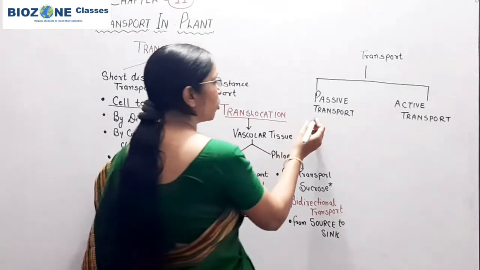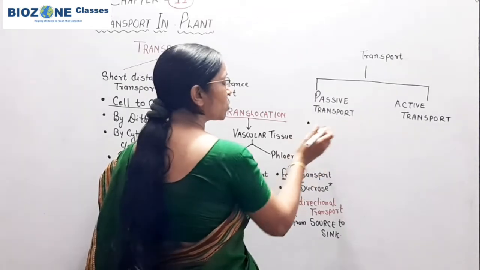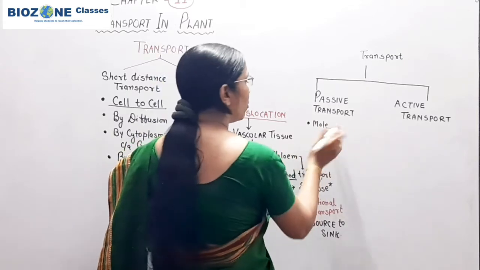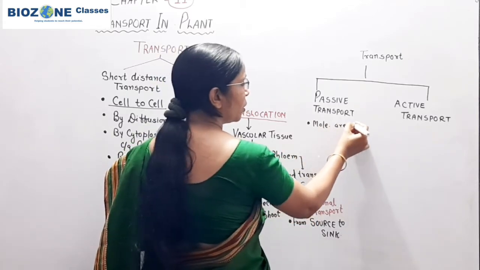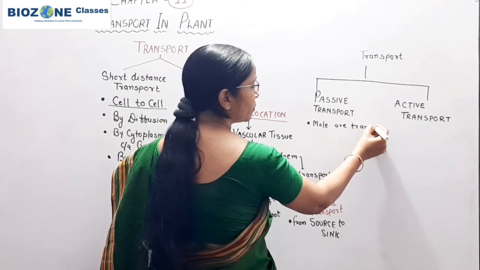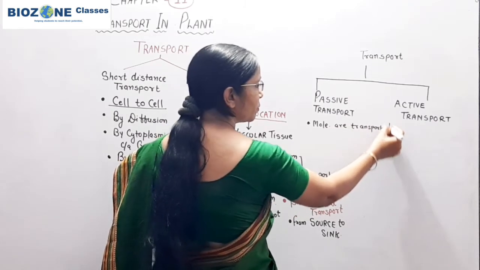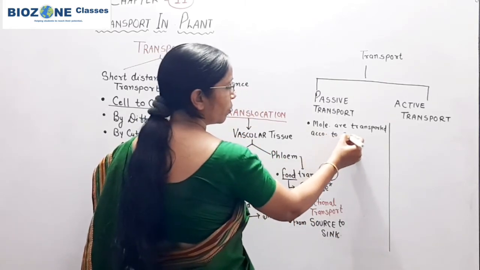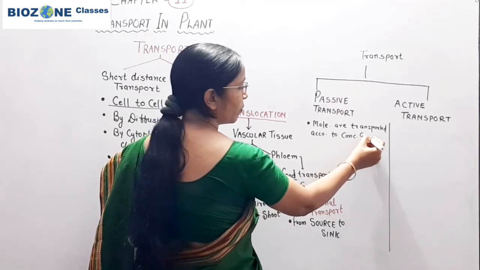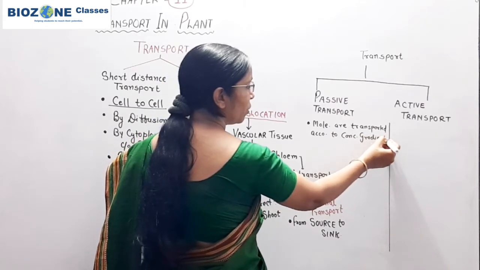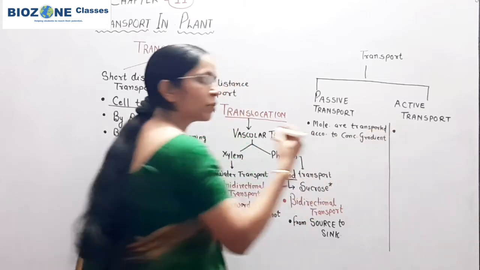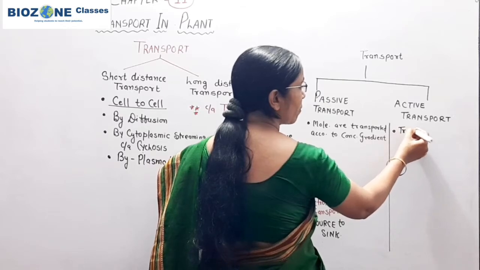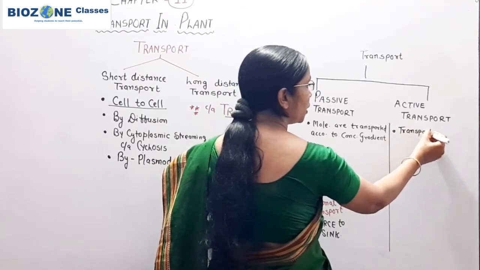In passive transport, the molecules of solute or solvent are transported according to the concentration gradient. This you remember. But in case of active transport, the transport always takes place against the concentration gradient.